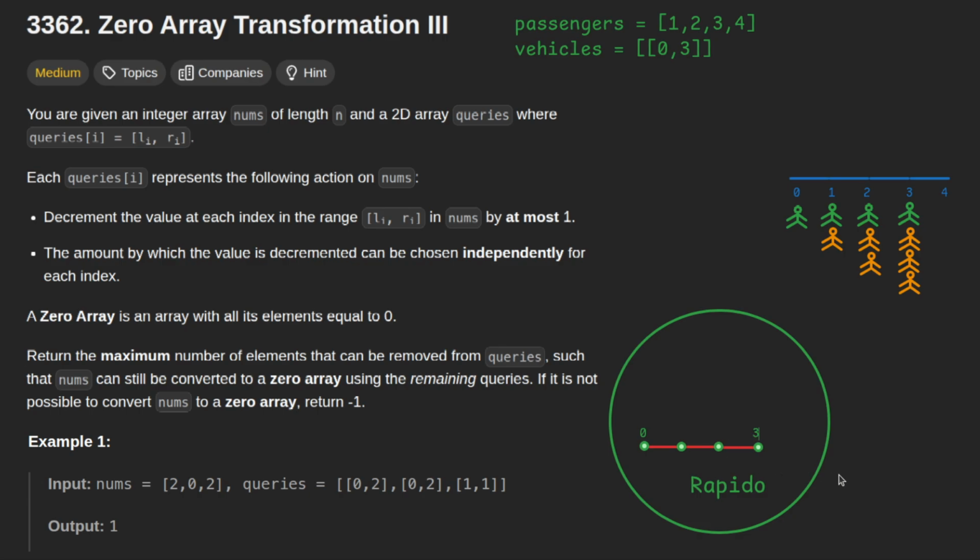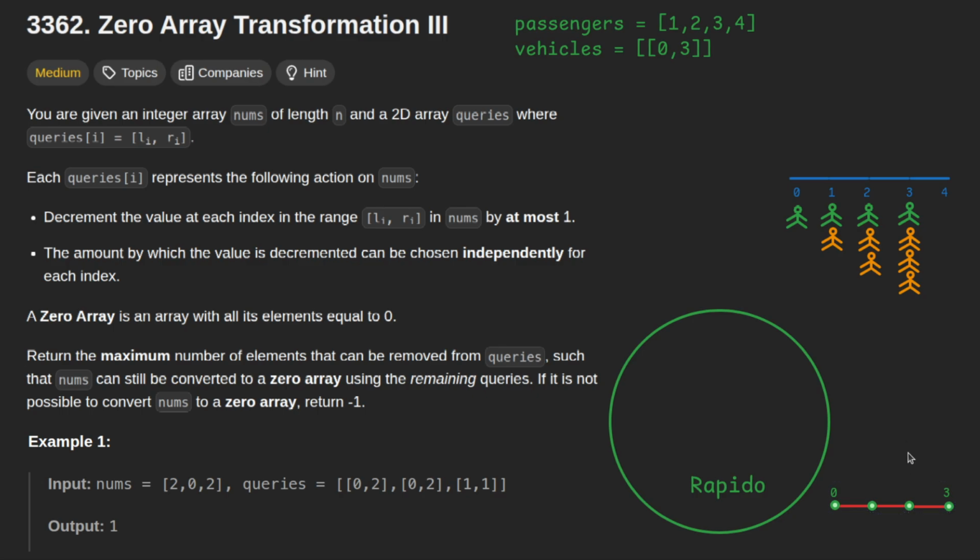Let's club this all together. So I have one vehicle. Suppose the captain is a car driver and has 4 seats, 0, 1, 2, 3, right?